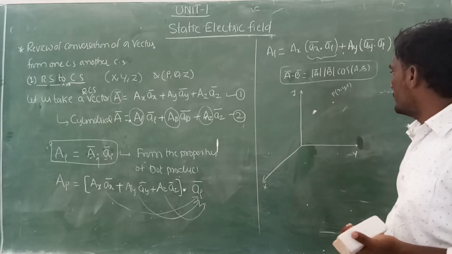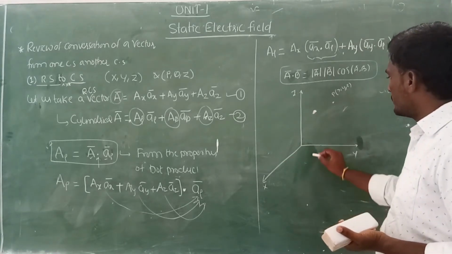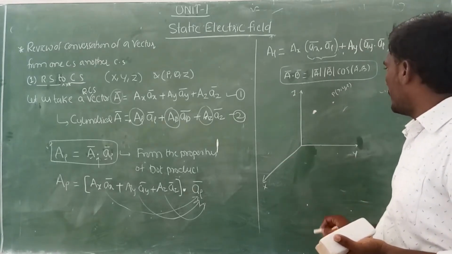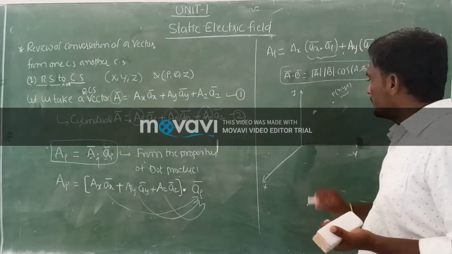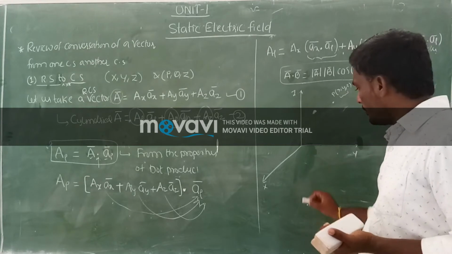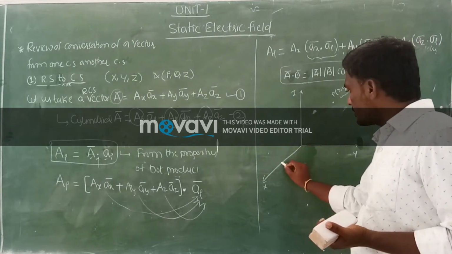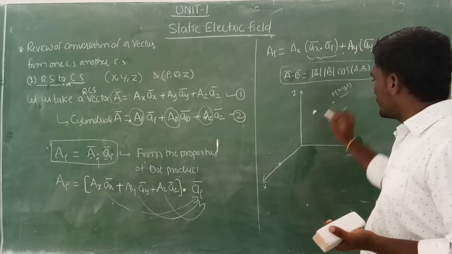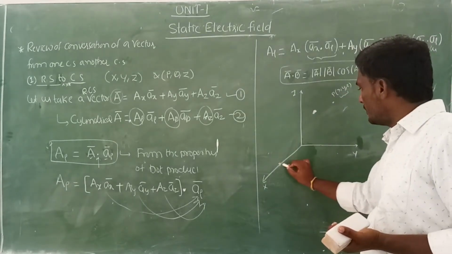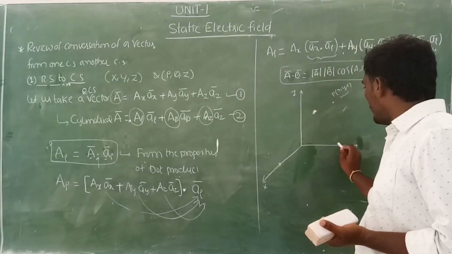First I draw the x, y point: x units distance on the x axis, y units distance on the y axis.